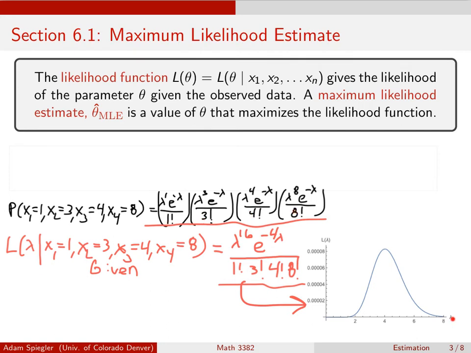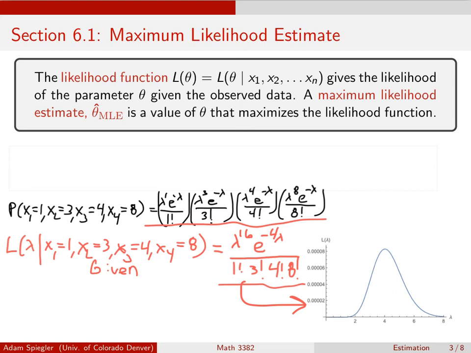And what we want to do is pick a value of lambda that makes it most likely that we would have observed our data. And in this case, it seems that when lambda is equal to 4, we have got the biggest value of this likelihood function.